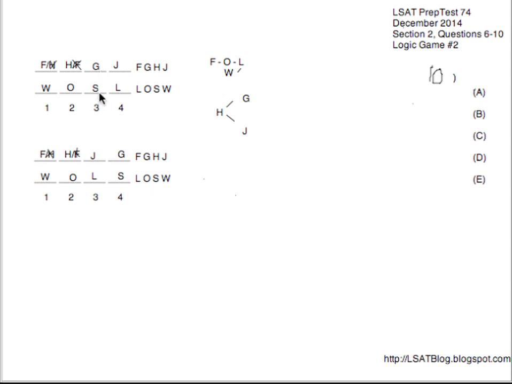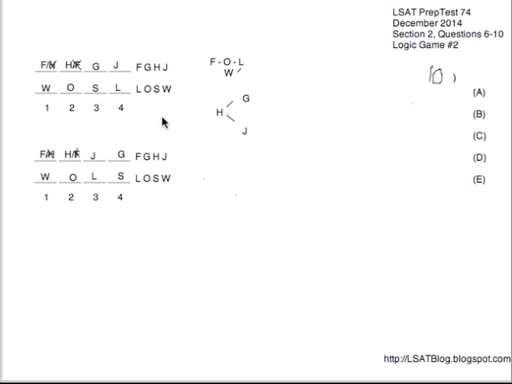If G is on 3, J has to go on 4, of course, with L. L has to be on 4 when G is on 3 due to the fact that L is after both O and W. When G is on 4, L has to be on 3 due to the fact that it's after O and W. O can't ever be on 1 because F must come before it. So O goes on 2 in both possibilities, leaving F to go on 1, with W. And so that pretty much determines everything.